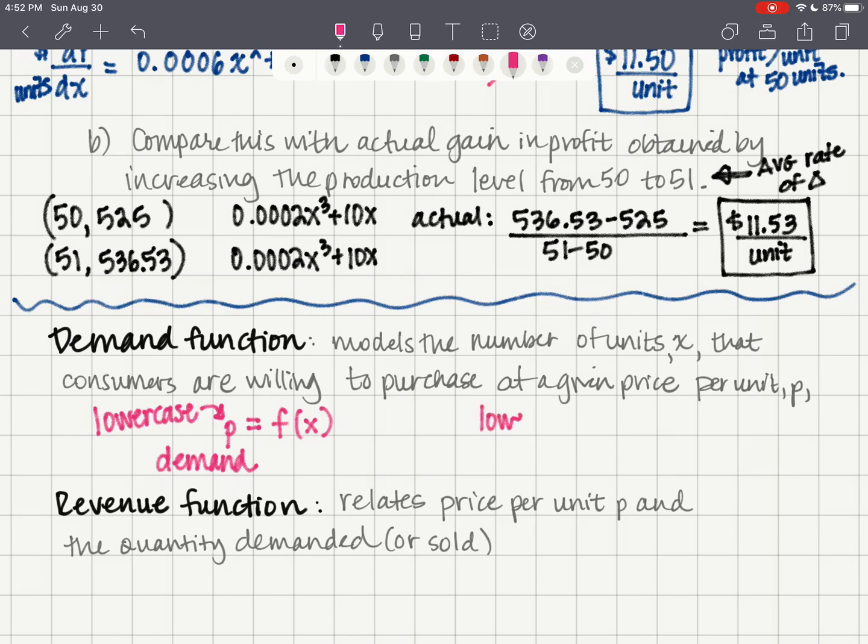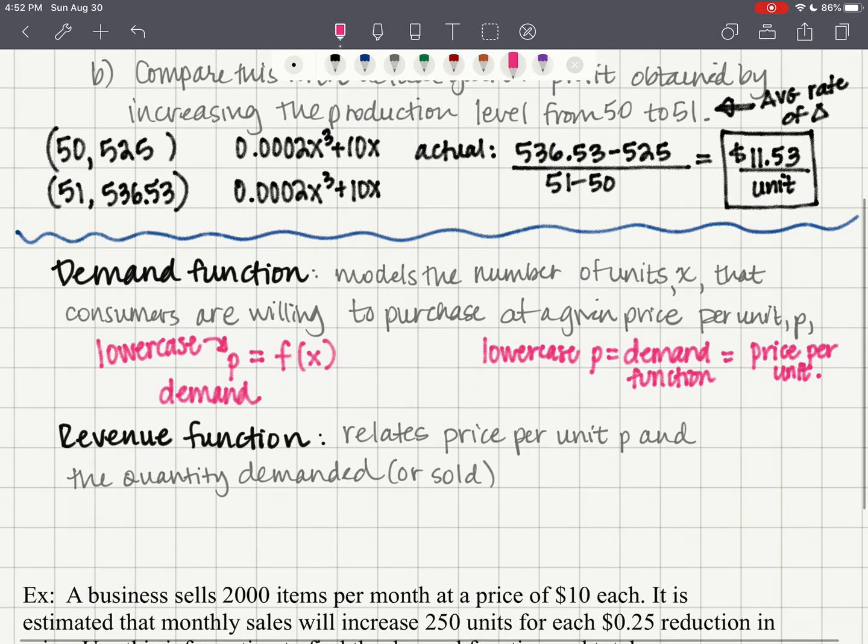Lowercase p is your demand function, which is your price per unit. Your revenue function, capital R, relates your price per unit and the quantity demanded or sold.